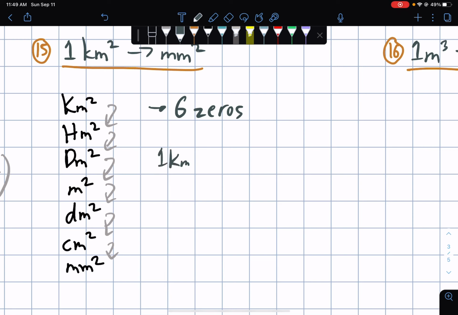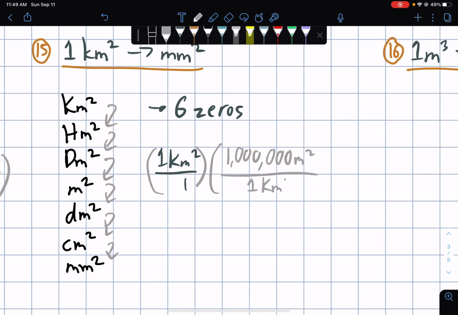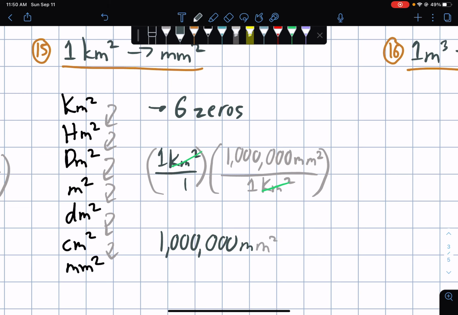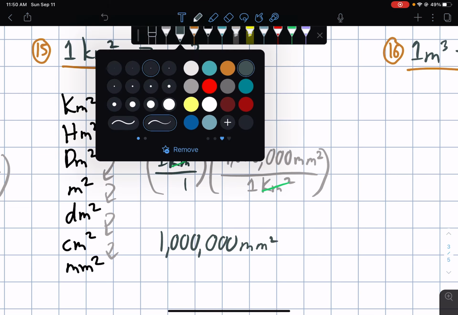So 1 km squared over 1 times 1, 2, 3, 4, 5, 6 meters squared over 1 km squared. 1 million m raised to 2. I'm sorry. This is supposed to be millimeters. Why did I just write a single m? Alright. This is the final answer.